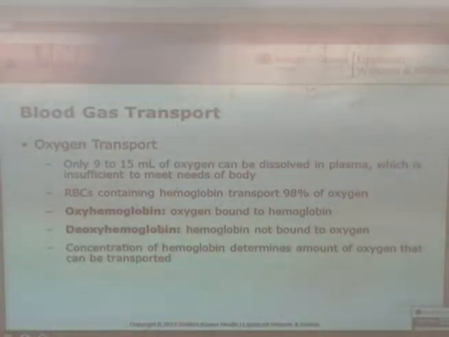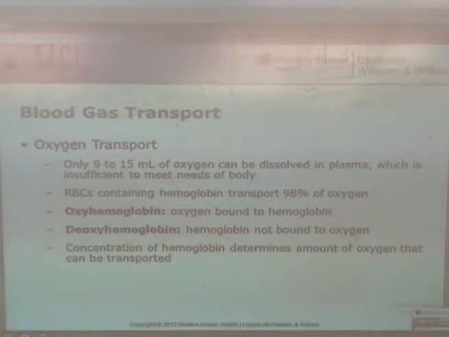Most of it has to be picked up by the red blood cells. Red blood cells contain a molecule called hemoglobin. It's heme because it has iron in it, and that plays a role when we look at people who are anemic. We'll come back to that idea.